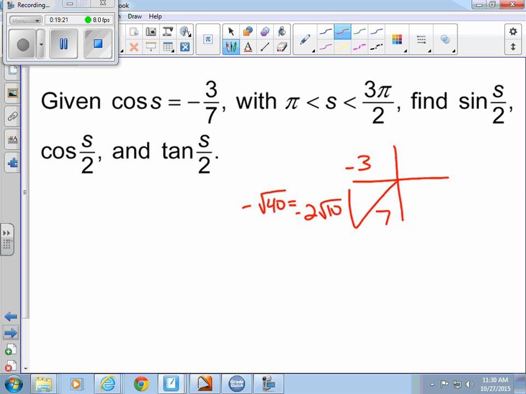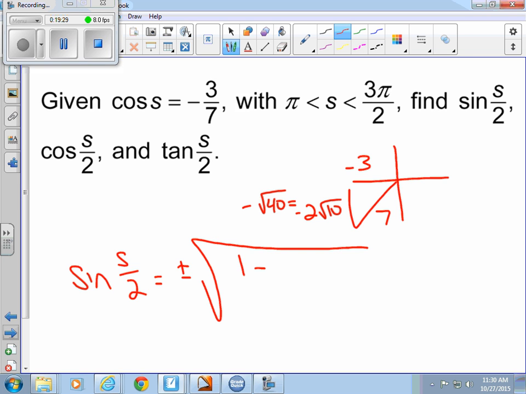Okay, use the identity for sine of s over 2. Sine of s over 2 is plus or minus the square root of 1 minus cosine of s, over 2. Any questions so far? Sine is luckily not too horrible. Does everyone agree? Cosine is nice. It's negative 3.